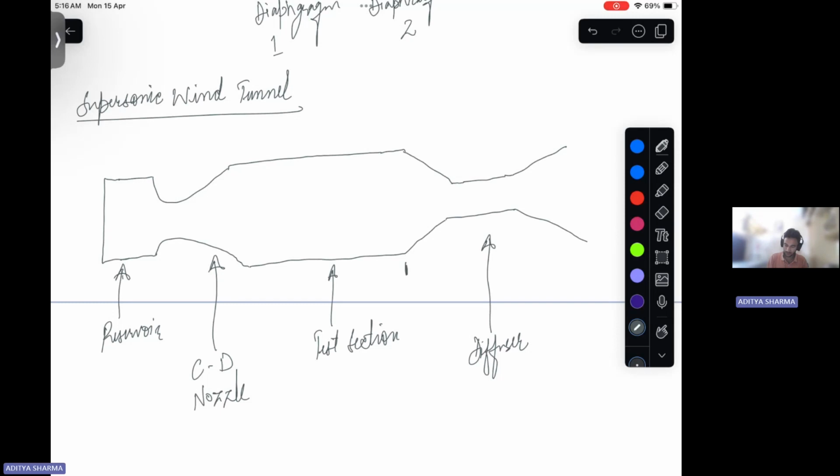From here to here is the diffuser, and from here to here is the test section. From here to here is the CD nozzle, and then here is the reservoir.